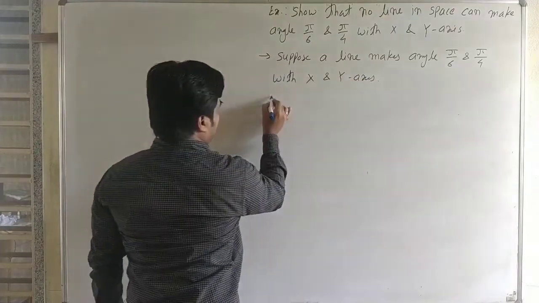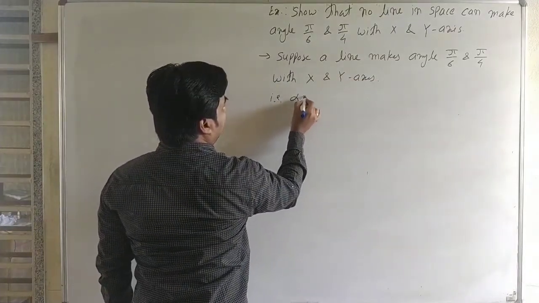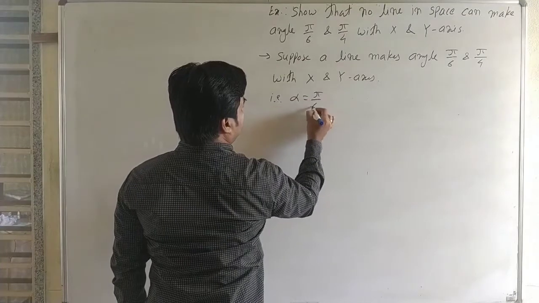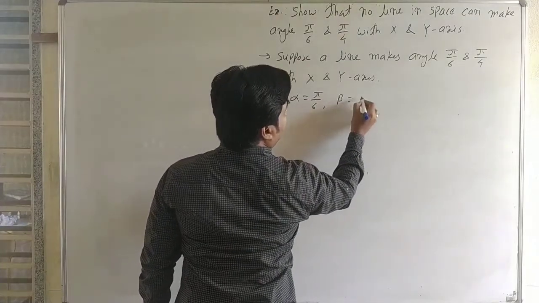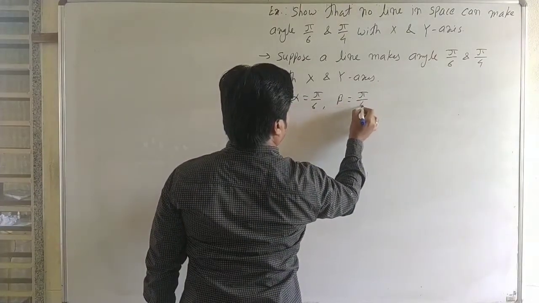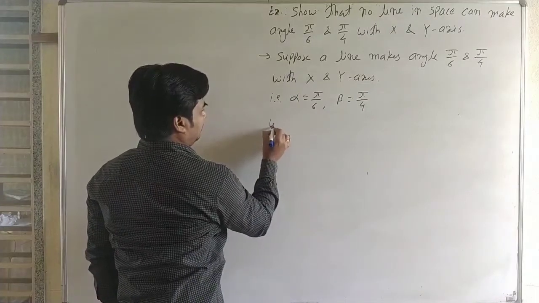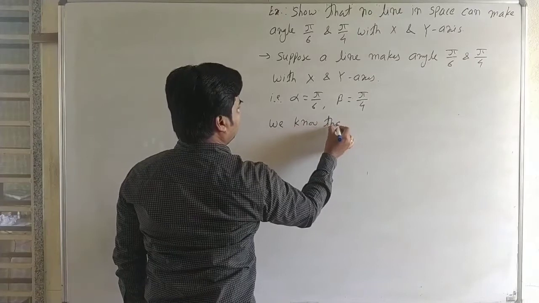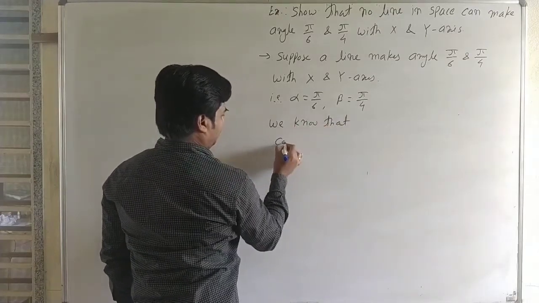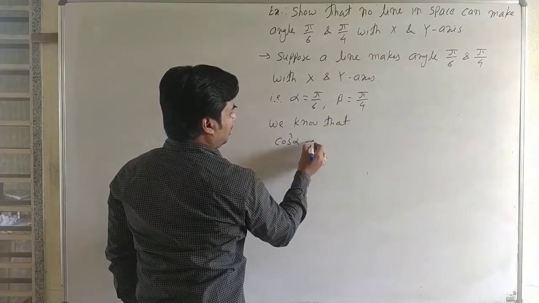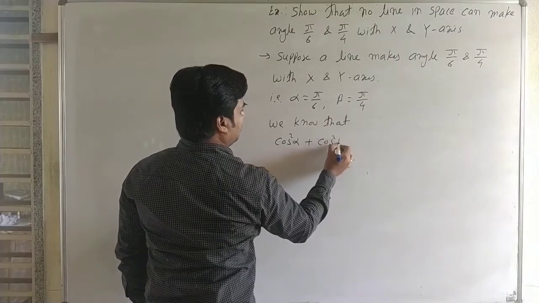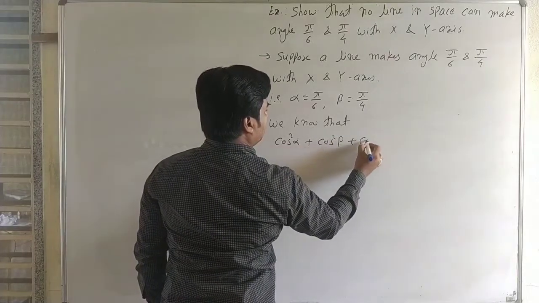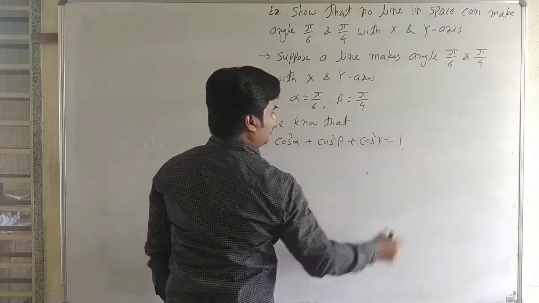Okay, that is alpha is equal to pi by 6 and beta is equal to pi by 4. Okay, then we know that cos square alpha plus cos square beta plus cos square gamma is equal to 1.